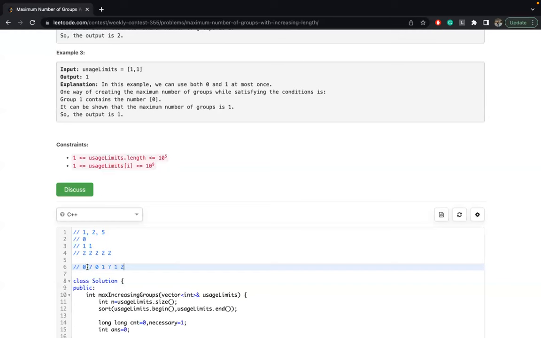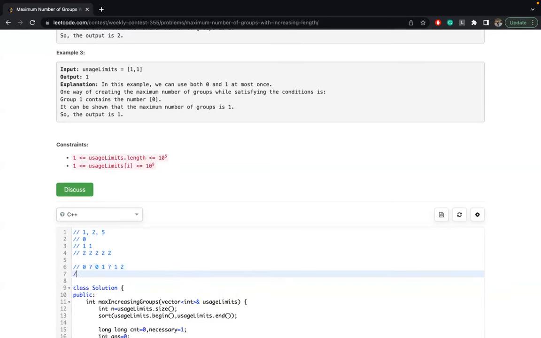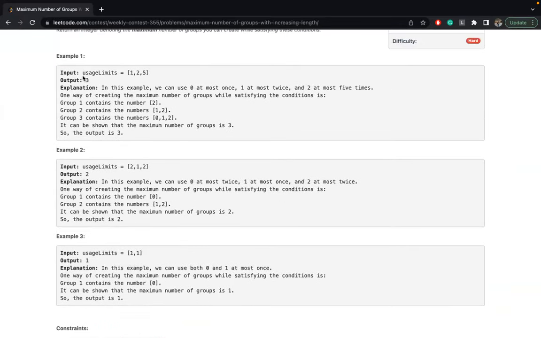So optimally, we can use 2 in the first group, in the second group we can use 1 and 2, and in the third group we can use 0, 1 and 2. Then there are 3 groups, so the answer will be 3 in this case.